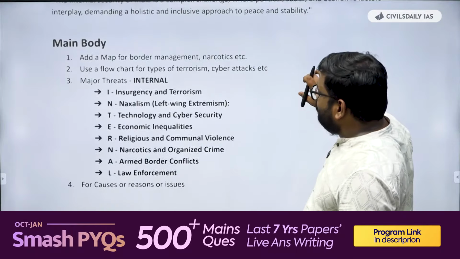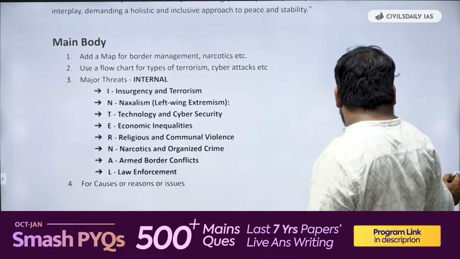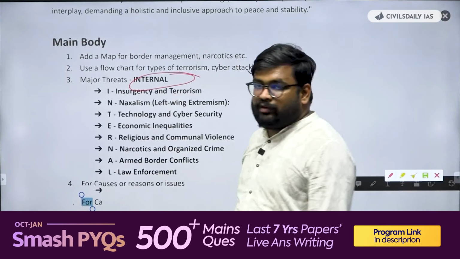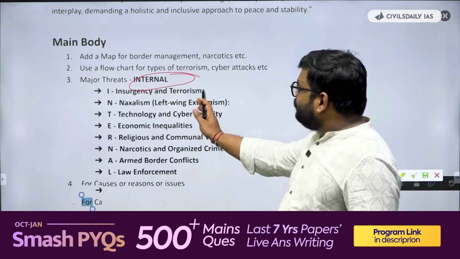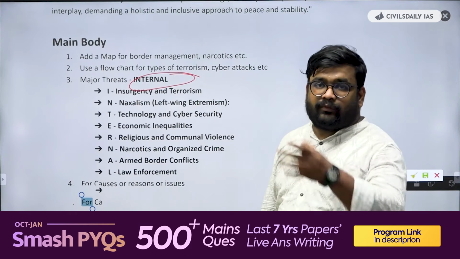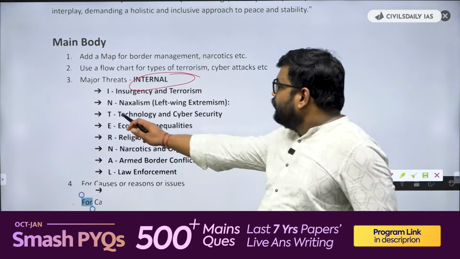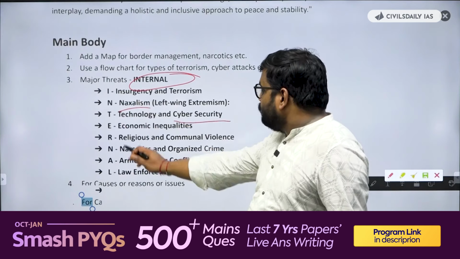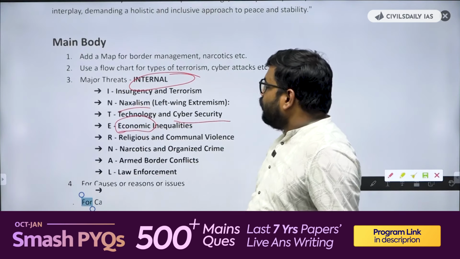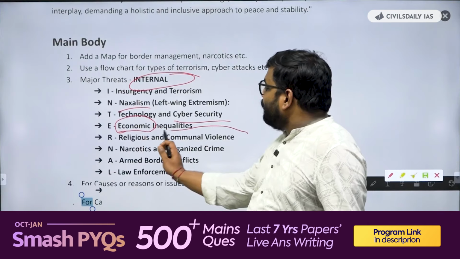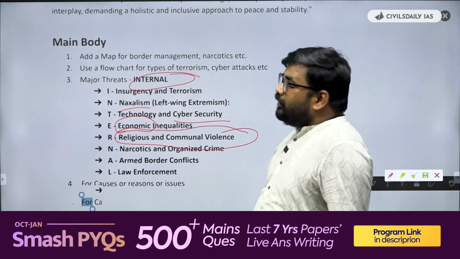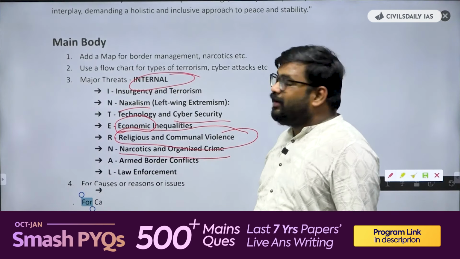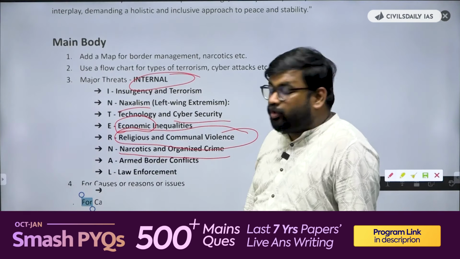So for the major threats posed, you can use the internal security framework. How the terrorists use encrypted messaging, use by the Naxalites, use with respect to cyber frauds, how it leads to economic frauds, how encrypted messaging or social media lead to religious and communal violence, and are used by organized crime for drug trafficking and narcotics.